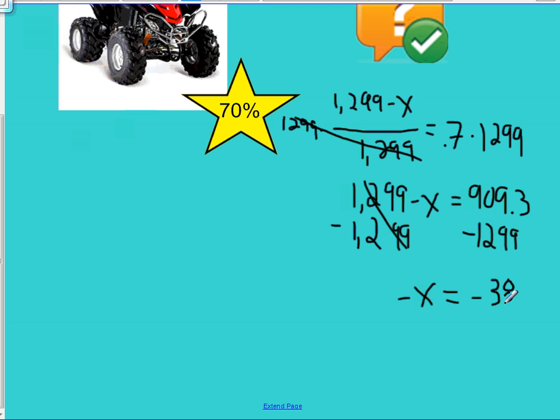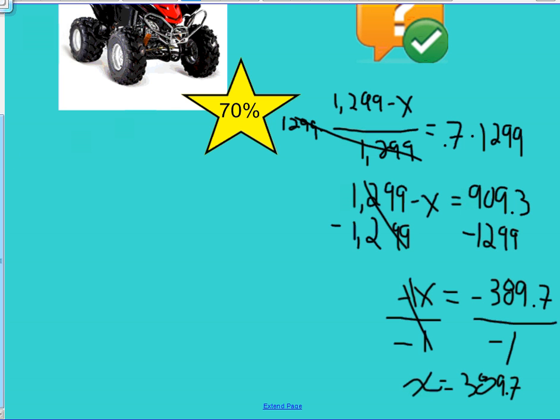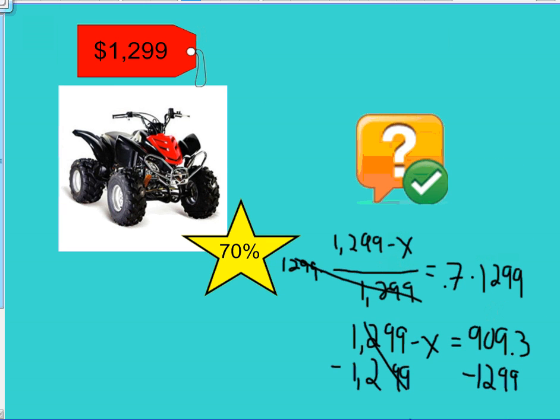Now, we know that this doesn't work, so remember there's an invisible -1 in front of that negative x, so you're dividing each side by -1, and then we get x equals positive 389.7, or in this case, our sale price is going to equal $389.70.